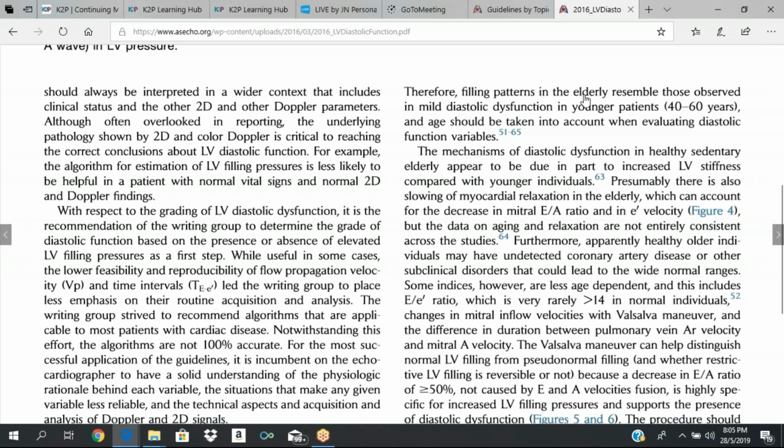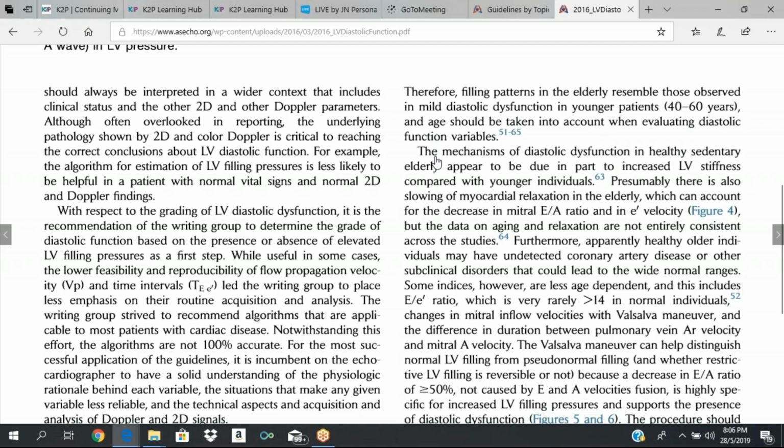Therefore, filling patterns in the elderly resemble those observed in mild diastolic dysfunction in younger patients at 40 to 60. Okay? So the older individuals will have certain patterns that look like they have diastolic dysfunction, and age should be taken into account when evaluating diastolic function variables. Okay?